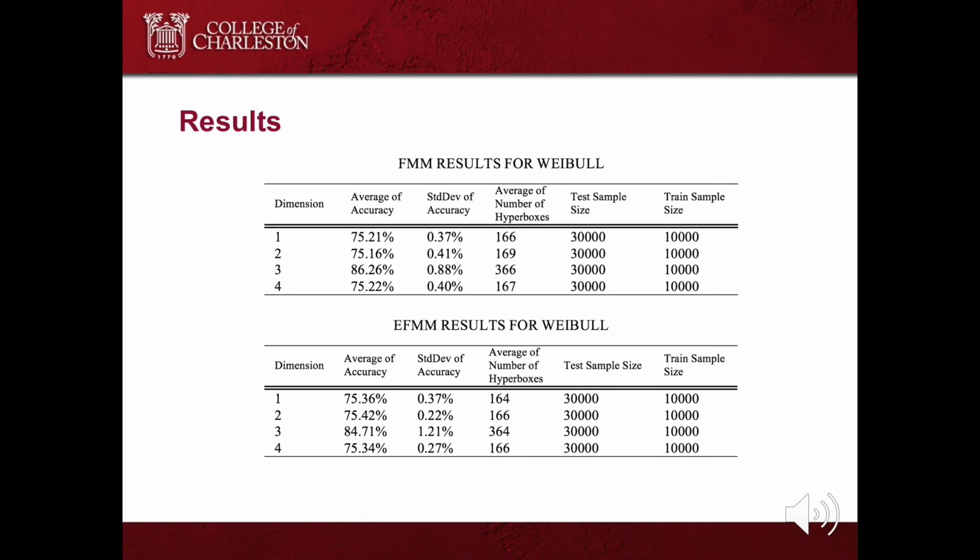Based on our results, we can strongly recommend the fuzzy min-max neural network for the classification of logistic distributions, because that's where we got very high accuracy rates. We can also strongly recommend our classifiers for the log normal distribution. Aside from the logistic and log normal distributions, we did get decent results for the negative binomial and Weibull distributions.